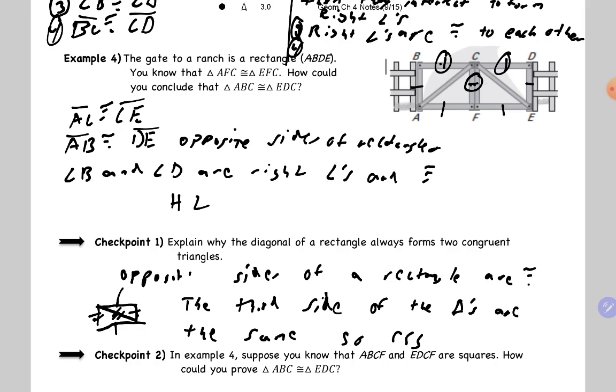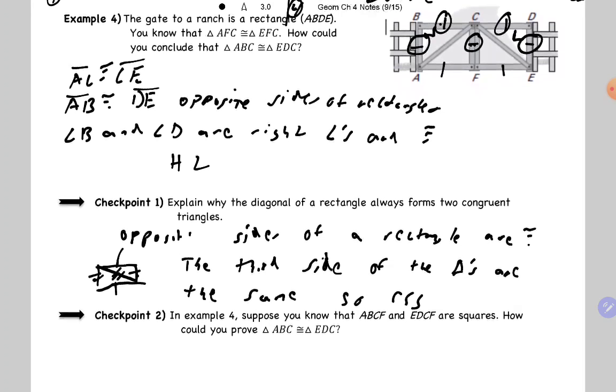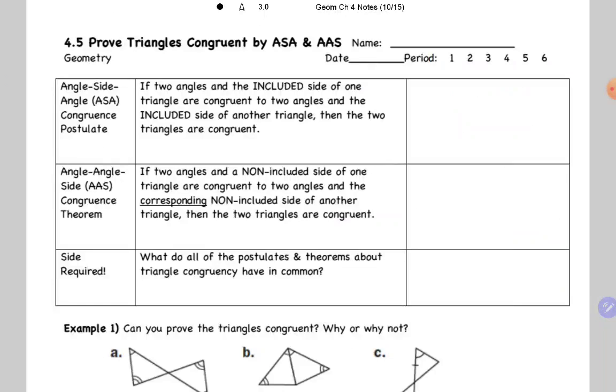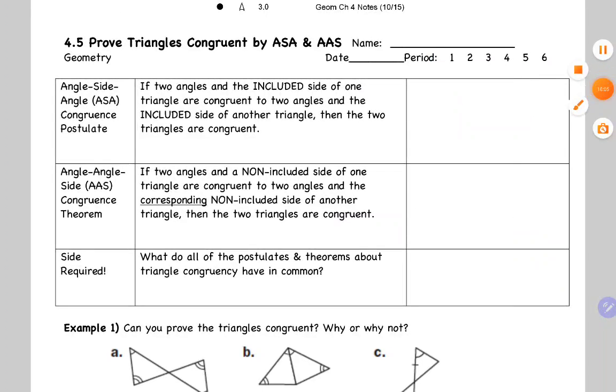And then you would use the same reasoning to show that BA is congruent to DE. So you have two sides there, and then a special thing about rectangles or squares is that the corner is still a right angle, and then you would use SAS. And that's all I have for you today. Sorry I couldn't work that fully out.